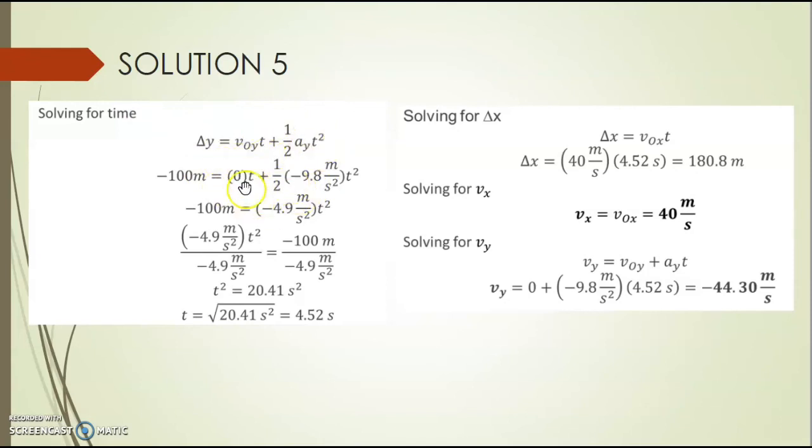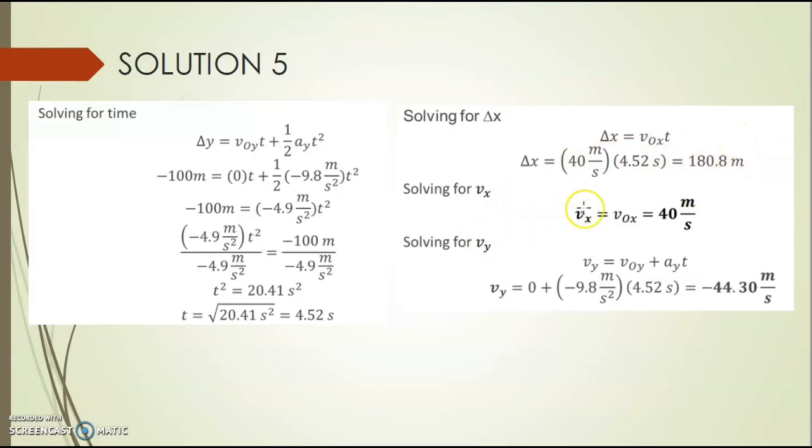Since Voy is 0, we are left with this equation. Therefore, the computed time is equivalent to 4.52 seconds. We're going to take the positive one. Now, we can solve for the range, or the displacement. So we have 180.8 meters here.